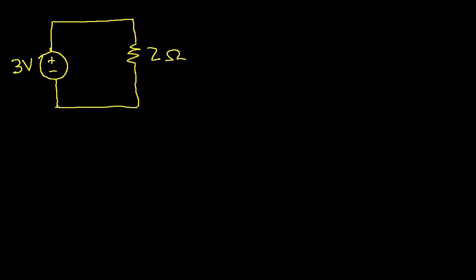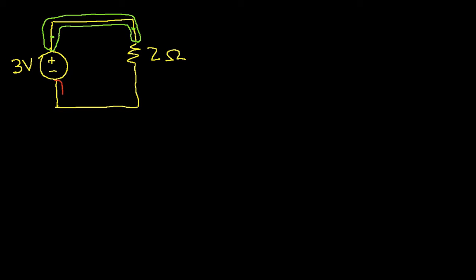Okay, so the way we solve this is to recognize that everything that's connected to this wire is a single node and there's no voltage drops from any point on the wire to any other point on the wire.